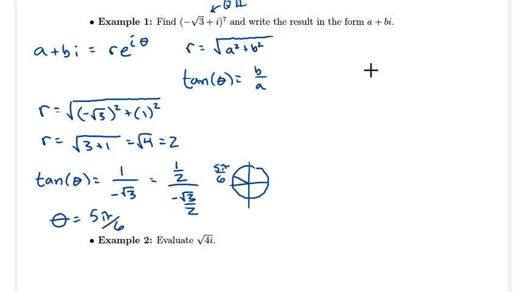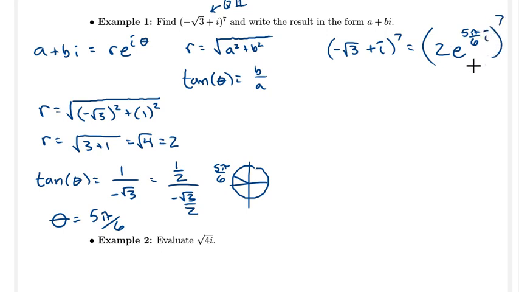All right, so now what we can do is say that negative root 3 plus i to the 7th is the same as taking r, which is 2, times e to the 5 pi over 6 i, all to the 7th.